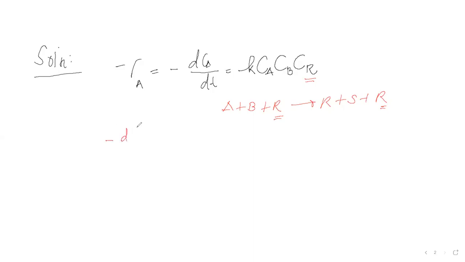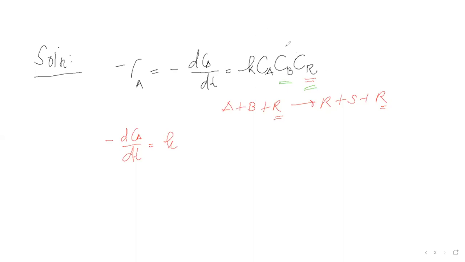Negative dCA dt, because we want to deal with this differential equation, there has to be a way of changing C sub B in terms of A and changing C sub R in terms of A. Because if we retain this original expression, or we don't change the C sub B and C sub R in terms of C sub A, we cannot evaluate the DE, because the DE dictates that you should only have one unknown function.